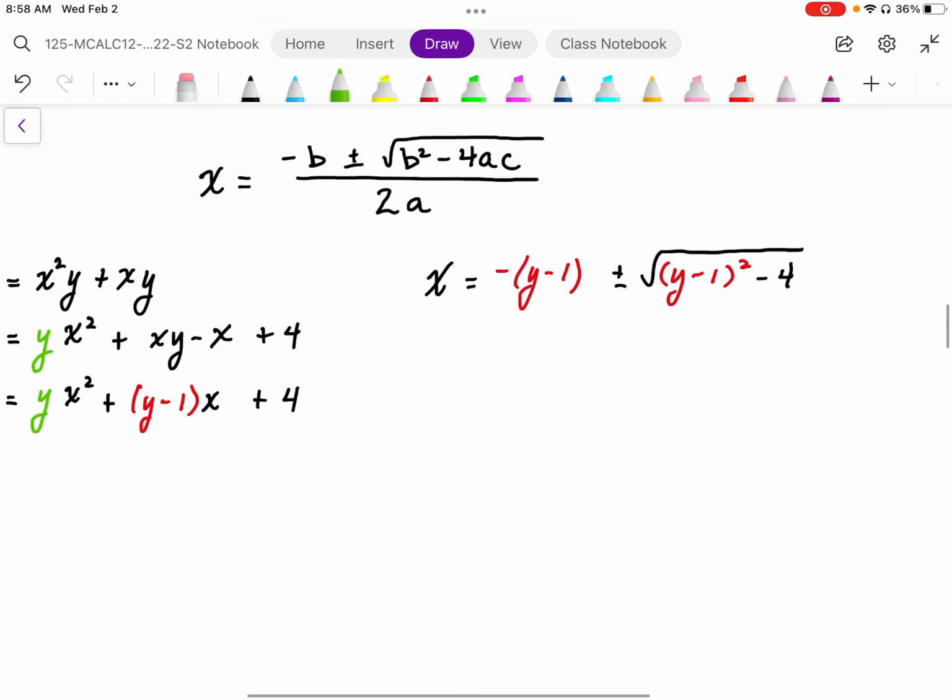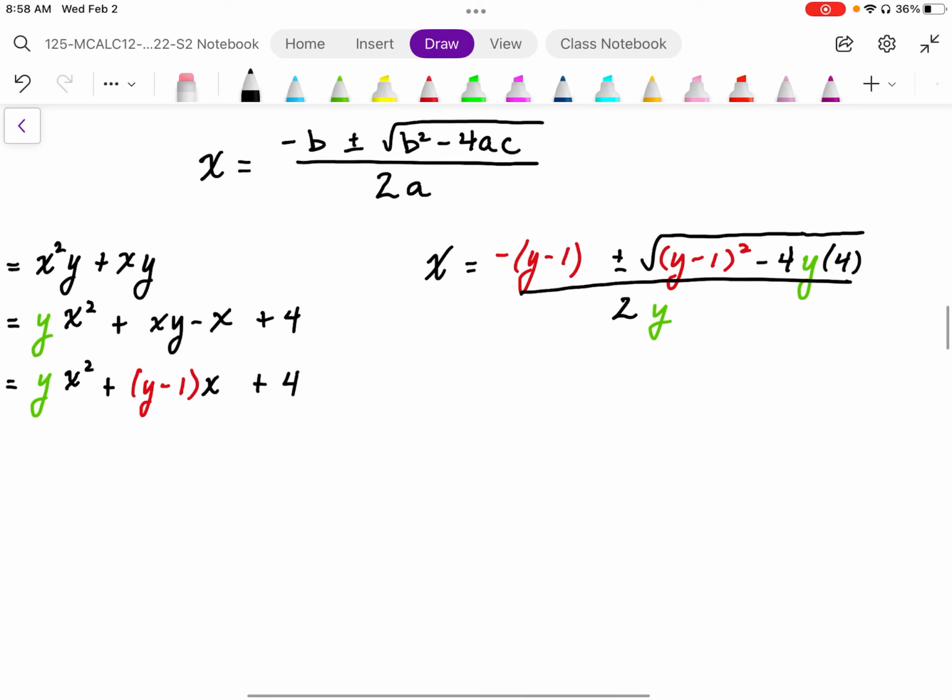Well, the a value is going to be the coefficient from the x squared, so that's just y. And then the c value is 4. So there's my numerator of the quadratic formula. In the denominator, I get 2a, so 2 times y. So there's my solution. Now I can probably simplify this a little bit.